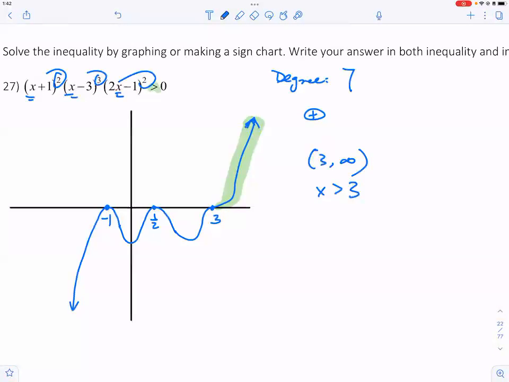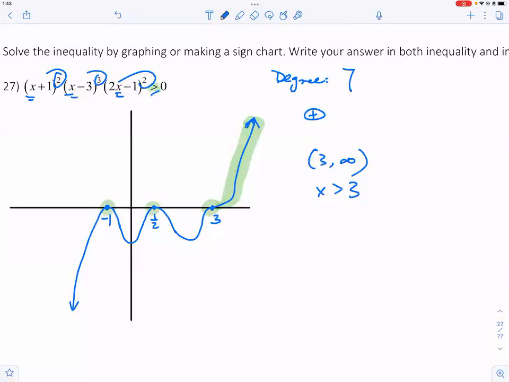If it is greater than or equal to, then we have to include a few more values. We have to include -1 because that would give us 0. We have to include 1/2 because that would also give us 0. We will put a bracket around 3 because that would give us 0. Now, how do you express a single value like this?